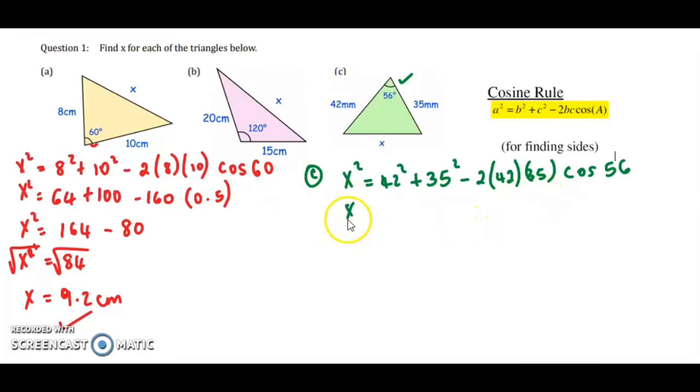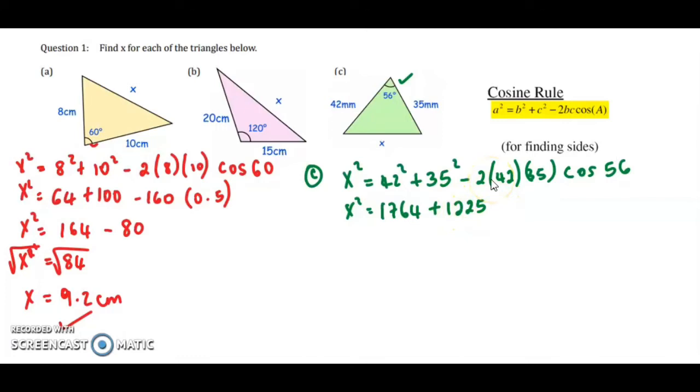So we're now going to start calculating using your calculator. Make sure it is in the degrees mode. So 42 times 42 is 1,764. 35 squared, 1,225.